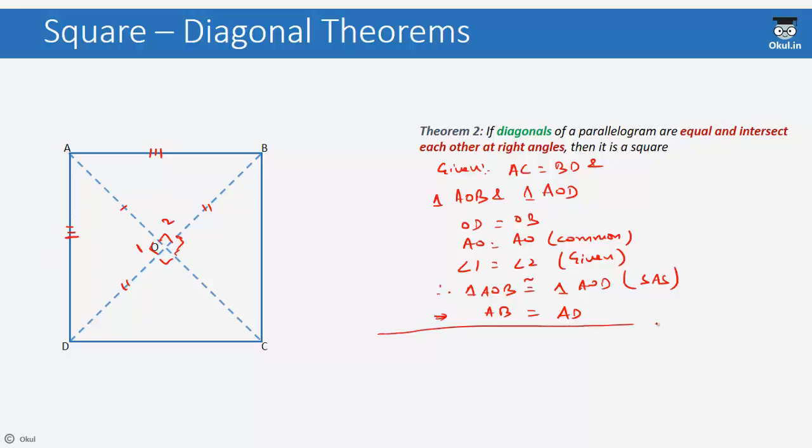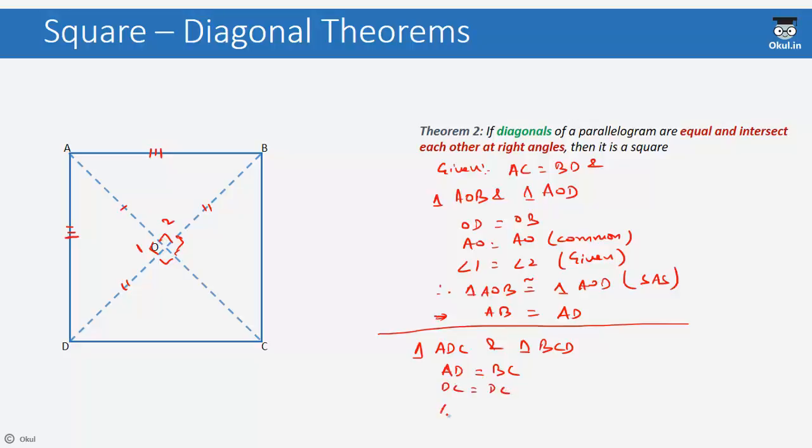Now, the next part is that all the angles of this parallelogram are 90 degree. Let us take triangle ADC and triangle BCD. We know that AD is equal to BC because opposite sides of a parallelogram are equal. Also, DC is equal to DC because it is common.